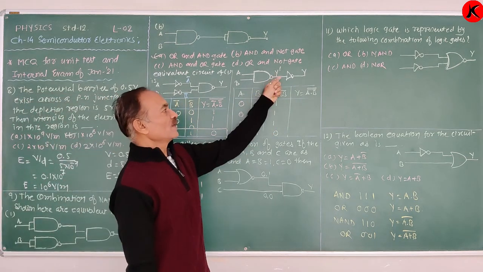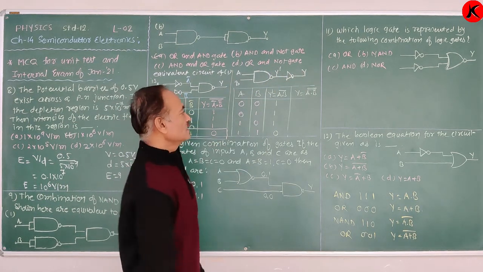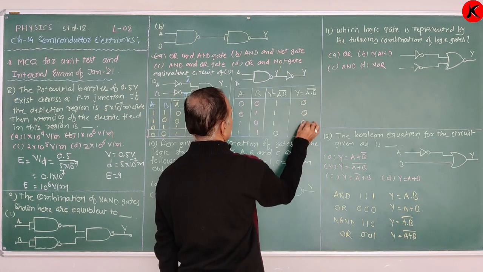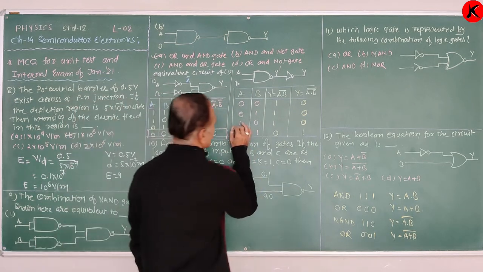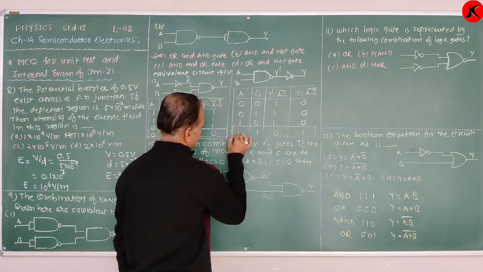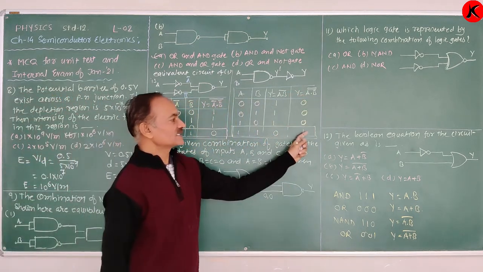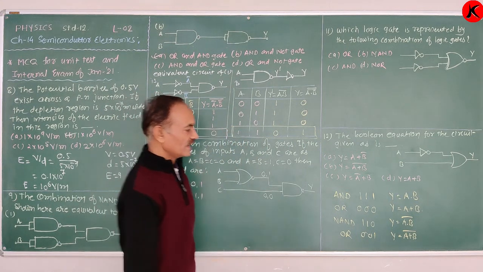This output is given as the input of a NOT gate, so it is inverted again. Therefore 1 means 0: 1, 0, 1, 0, 0, 1. So the different output is 1 if and only if both inputs are 1.